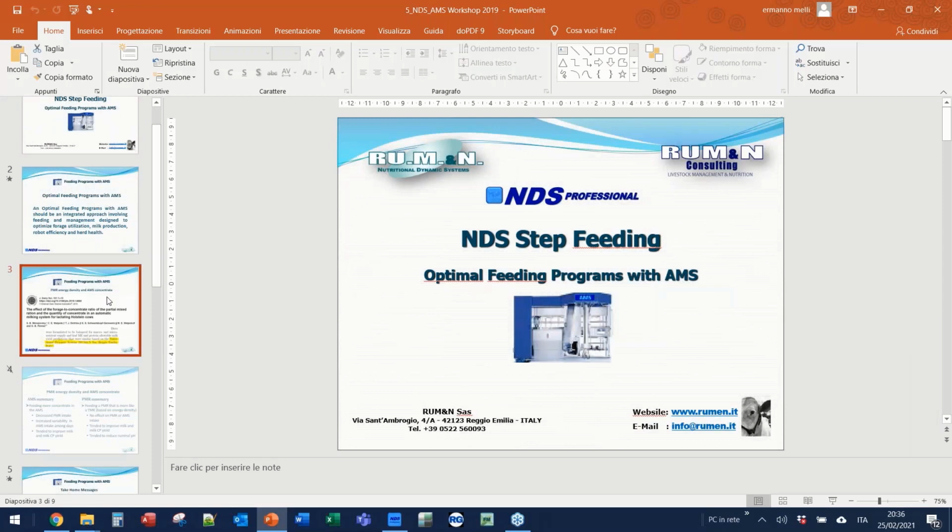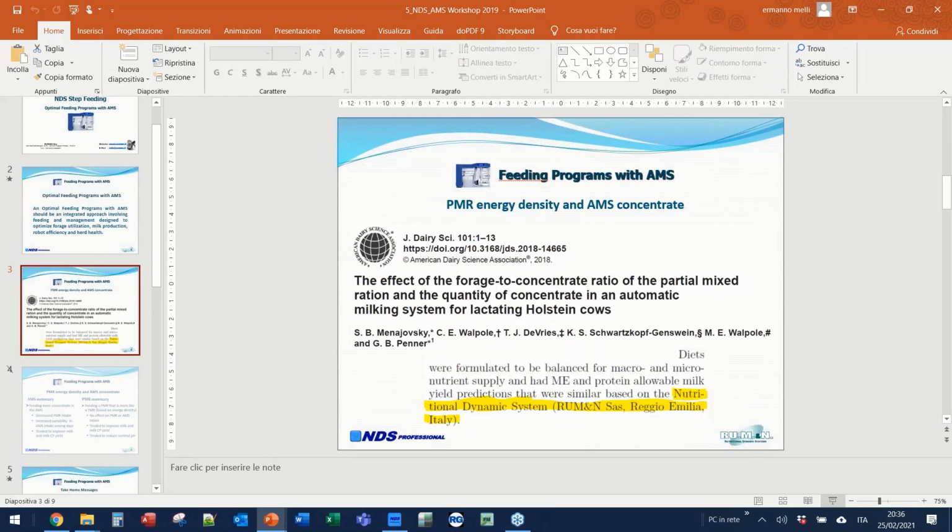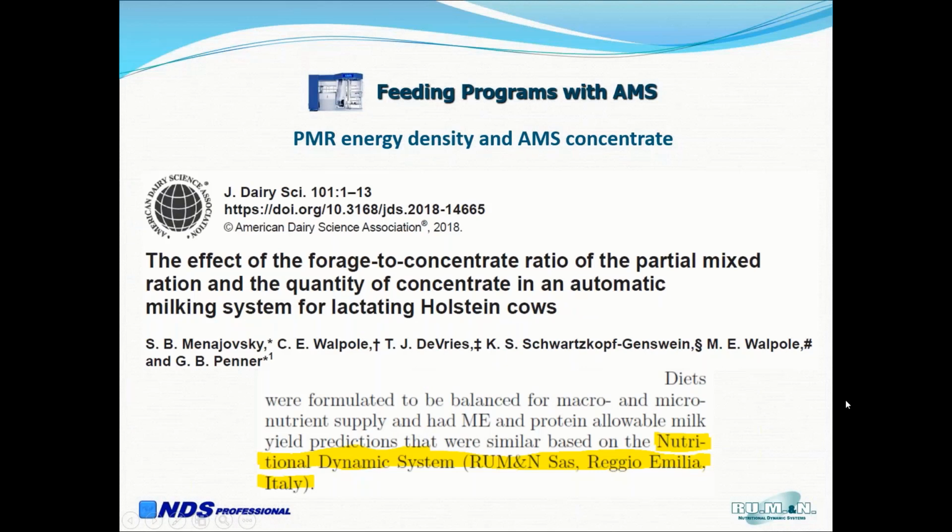just describing that in 2017, we opened a collaboration with Greg Penner in Saskatchewan, and we provided the tool in order to put together some data to evaluate a possible strategy to define how much and how we can feed the pellet through the robot with an appropriate PMR.